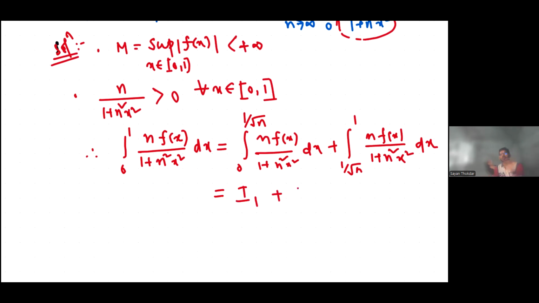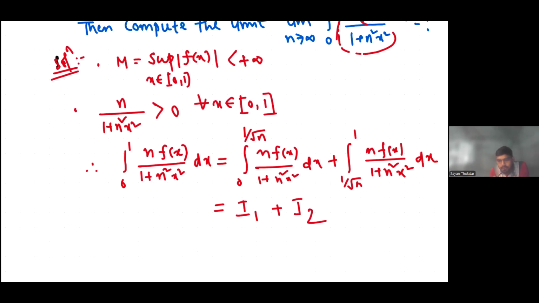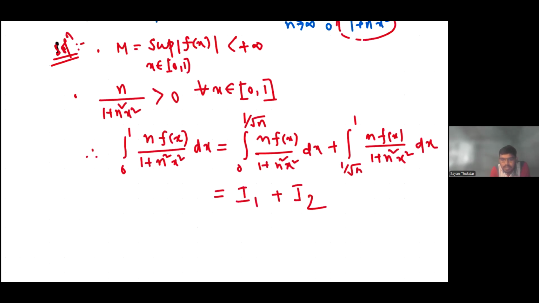If I am to compute integral I1 and I2, because I want to know where it goes when n tends to infinity, we want to explore more about that first integral. In the first integral, f is continuous, and this is also continuous, so both are integrable. And this part, n upon 1 plus n square x square, has positive sign.